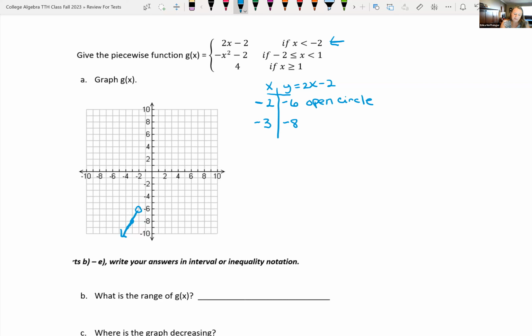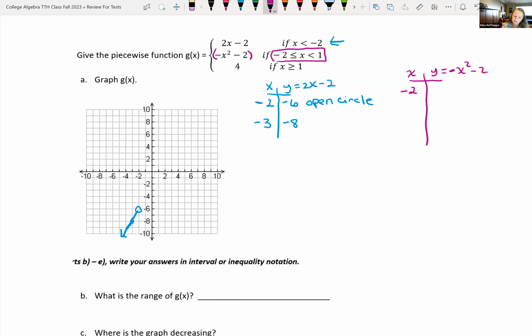Now I'm looking at my second piece, or my second equation. And I have -x squared minus 2. I need to see what's happening at my endpoint values of my inequality. So I want to see what's happening at -2. So in this case, y again equals -x quantity squared minus 2. So if I plug in -2 and I square that quantity, -2 times -2 is 4, but I have the negative out front.